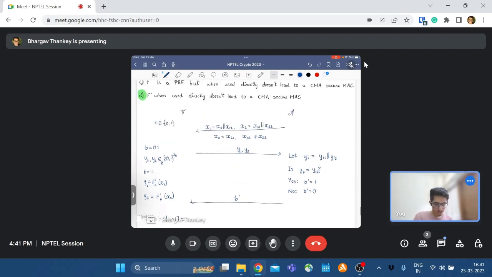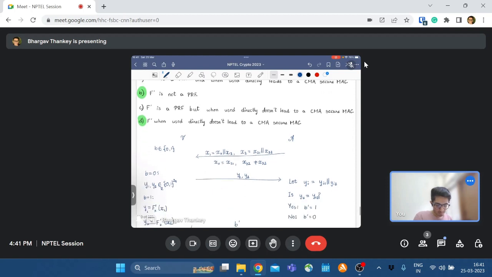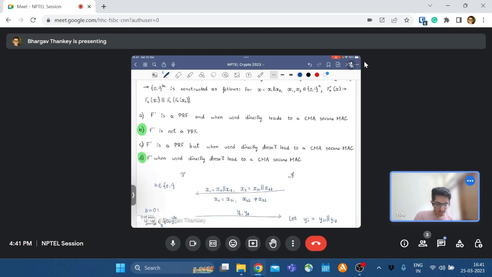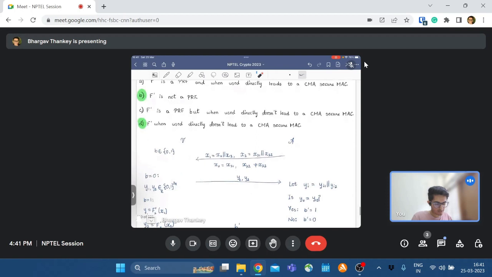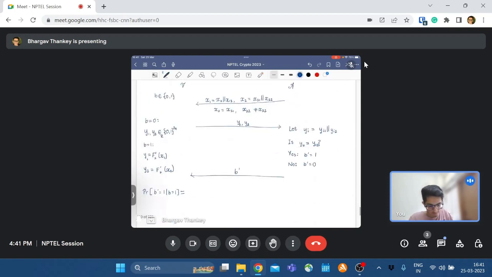Now f prime k of x1 is just f_k of x11 concatenated with f_k of x12, and f prime k of x2 is f_k of x21 concatenated with f_k of x22, right? But the thing is, since x11 and x21 are the same, this part of both the strings y1 and y2 is going to be the same. So in particular, this check will pass. So this probability is 1.